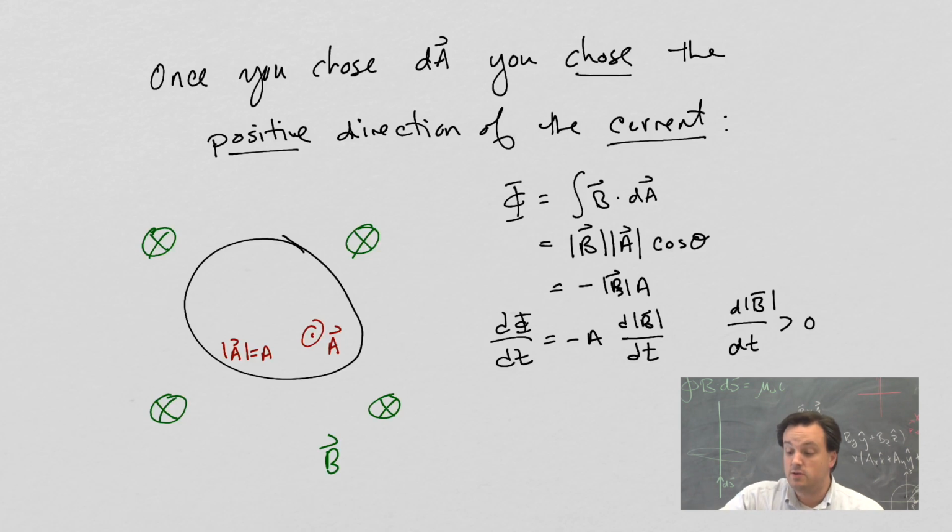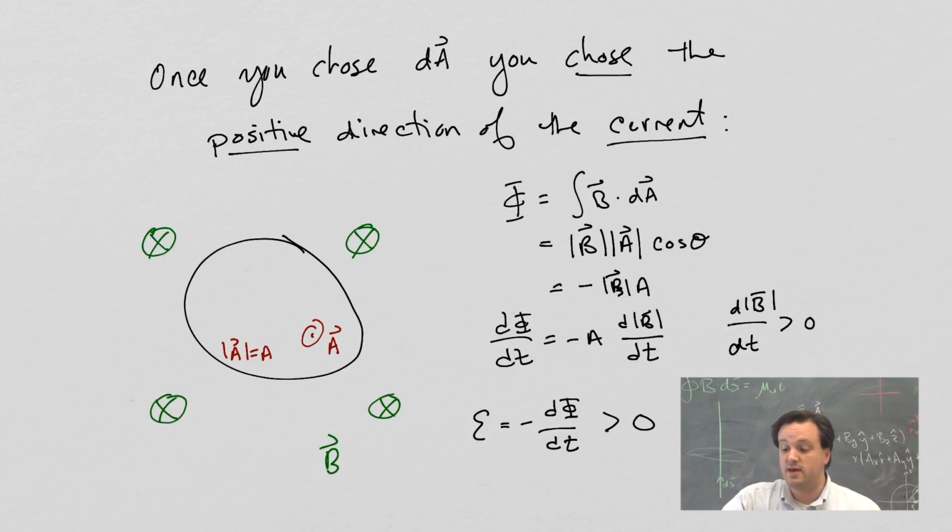So if I plug that into Faraday's law, as we saw it in class, the induced EMF is minus d flux dt, right? It's going to fight the change in magnetic flux, and therefore it's going to have that minus sign. It's actually going to be greater than 0, right?